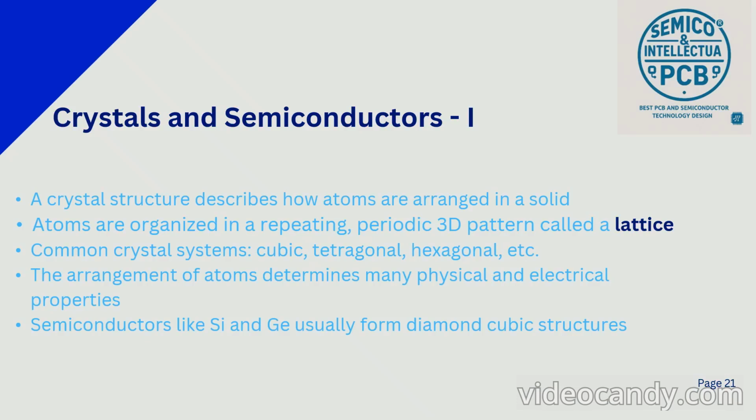Atoms are organized in repeating patterns that are of course periodic and three-dimensional. These particular structures are called lattices, which we will discuss in depth later in Max von Laue and Bragg's experiments. Common crystal systems are cubic, tetragonal, diamond, hexagonal. These are some of the hypotheses that we are going to further prove in our later discussions.